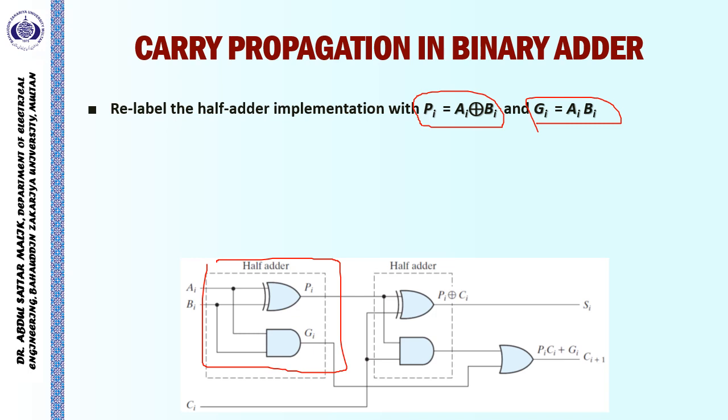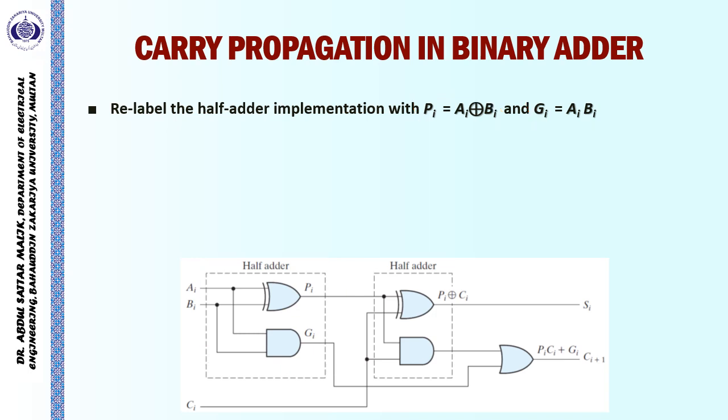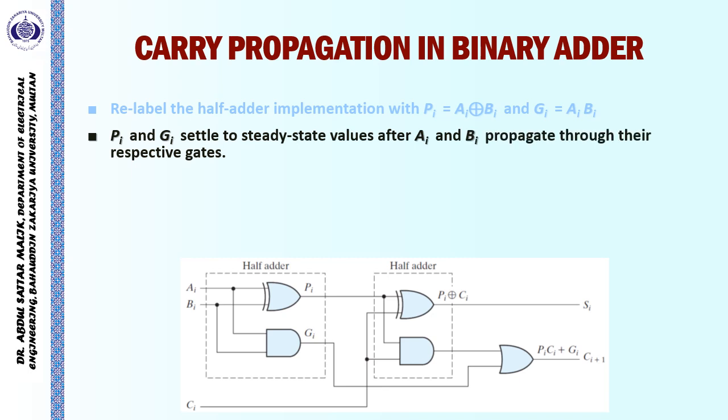Each of A0, B0, A1, B1, A2, B2, A3, B3 is available as soon as these numbers are applied to the parallel binary adder, and in a one-stage implementation we will have the Pi's and Gi's instantly. Pi and Gi settle to their steady state values after Ai and Bi propagate through their respective gates.